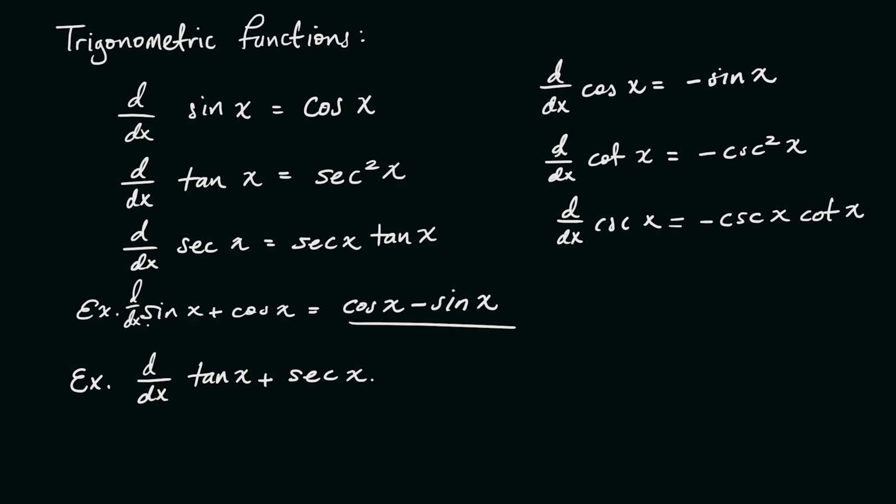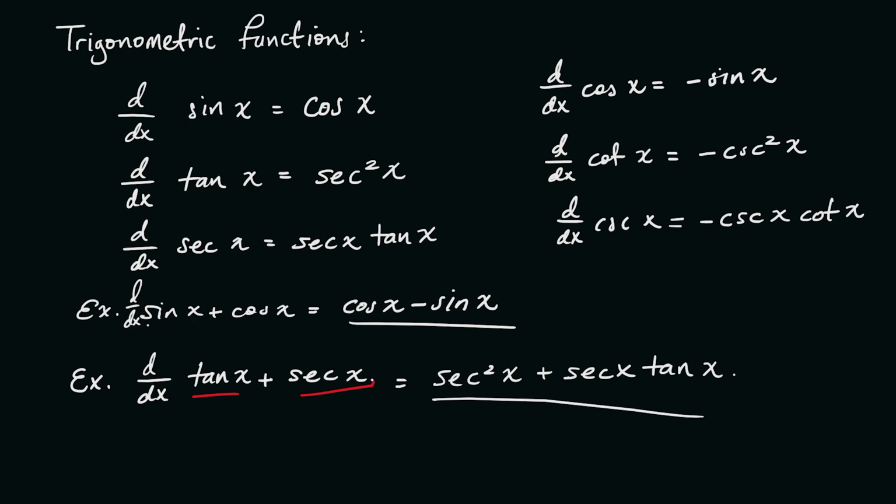Or hopefully you just pause the video and try to figure it out yourself. Since they're both separate terms, we can just take the derivative of each. And that will lead us to the derivative of tangent x is just secant squared x. And then the derivative of secant x is just secant x times tangent x. And that is your answer right there.